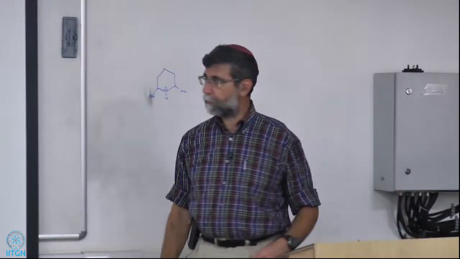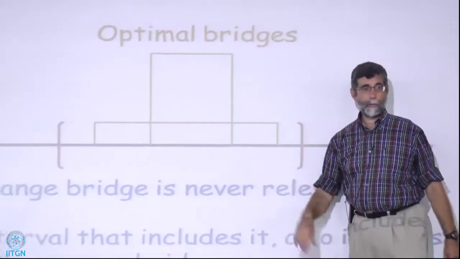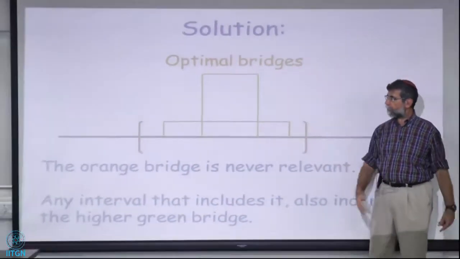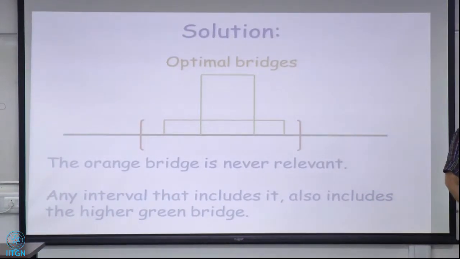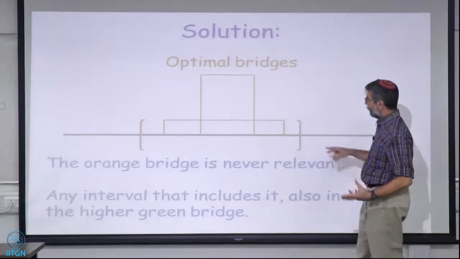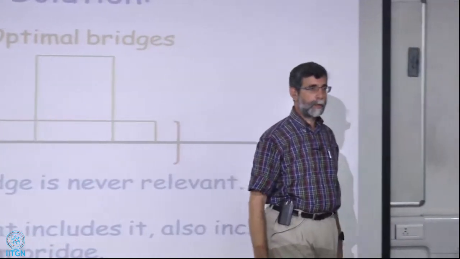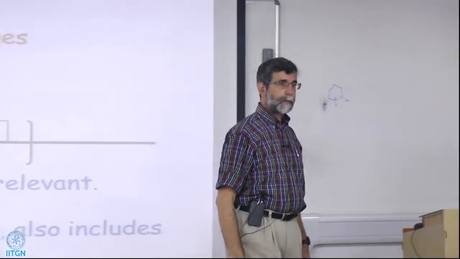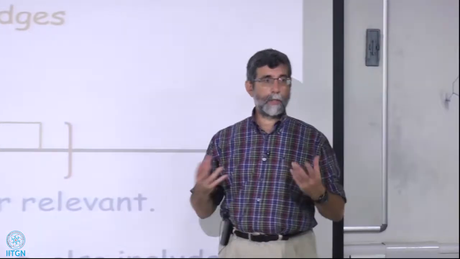For example, if we had these two bridges in an interval, the orange bridge is one where you're going to say, why is it even there making noise? That cannot be the answer, because no matter what range the orange bridge is in, the green one is there also, and it's taller. So I don't need the orange bridge. Any bridge that has in it a taller bridge is already superfluous.